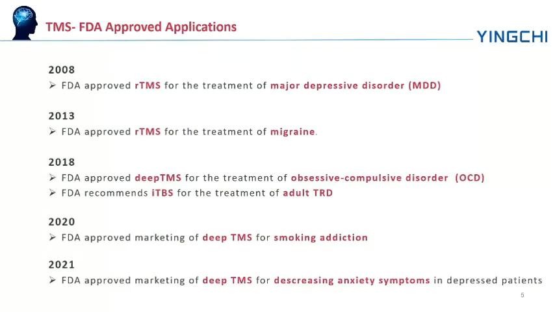So as you can see, FDA has approved a lot of applications of TMS, both in psychiatry and in neurology, for major depressive disorder, adult TRD, which is treatment-resistant depression, and for migraine, OCD, smoking addiction, and decreasing anxiety symptoms in depressed patients. And you may pay attention that more than rTMS, iTBS is also approved by FDA.